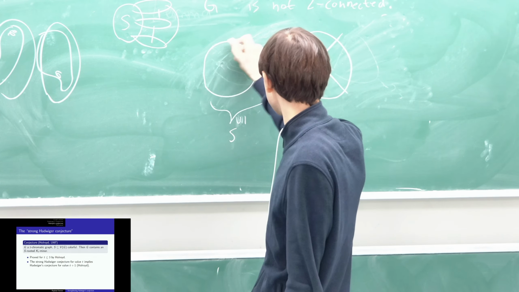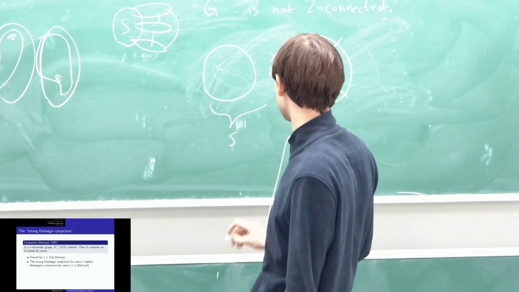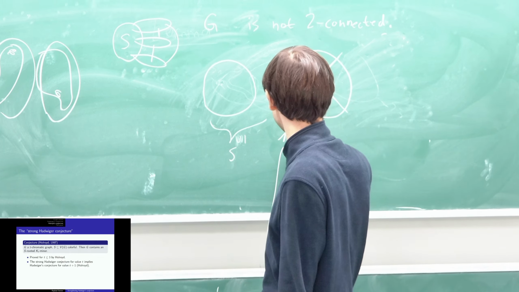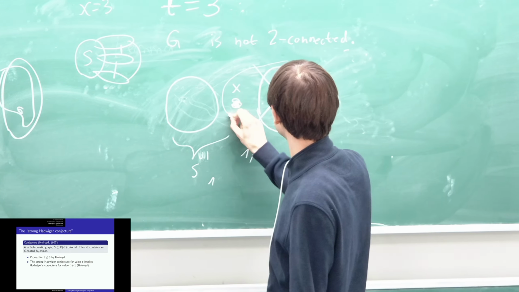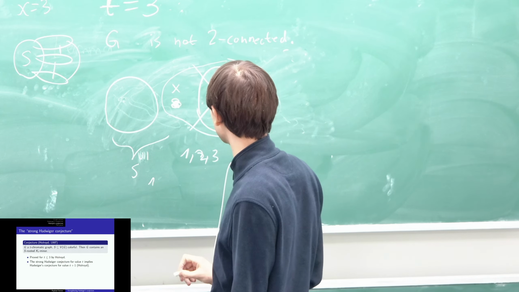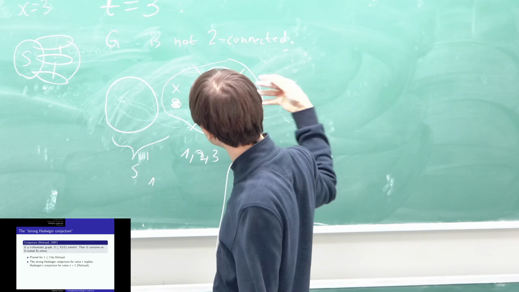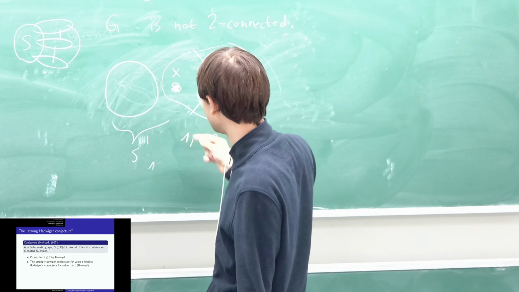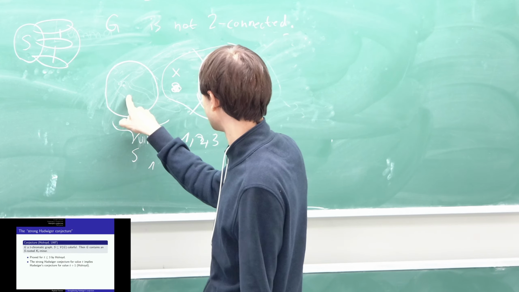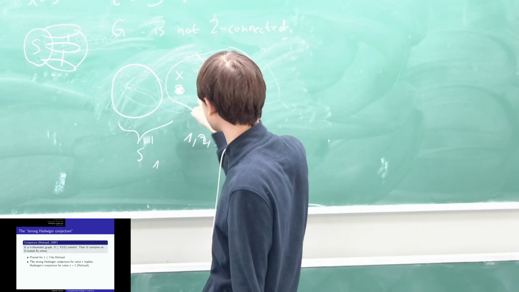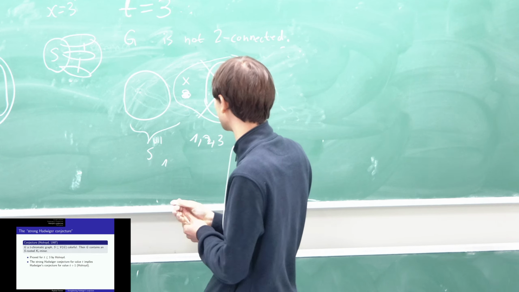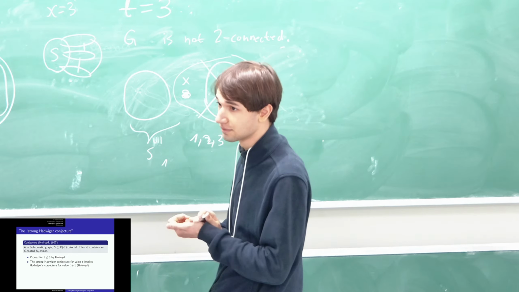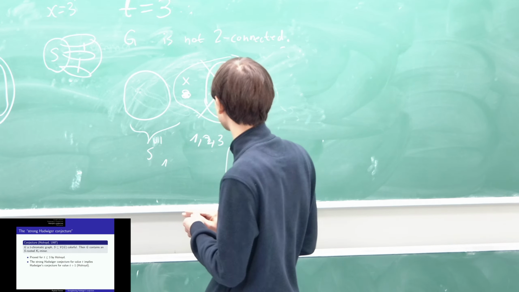So there's a coloring of this part with colors 1, 2, 3 where no one in S has color 1. And we also know that the other part is 3-colorable, so by permuting colors we can combine this coloring with the other coloring. Since every vertex of S is in the first part and no one had color 1, still no one in S has color 1 after we add the other part. So it's a proper 3-coloring of the whole graph where no one in S has color 1. That's a contradiction. So that's an easy case.